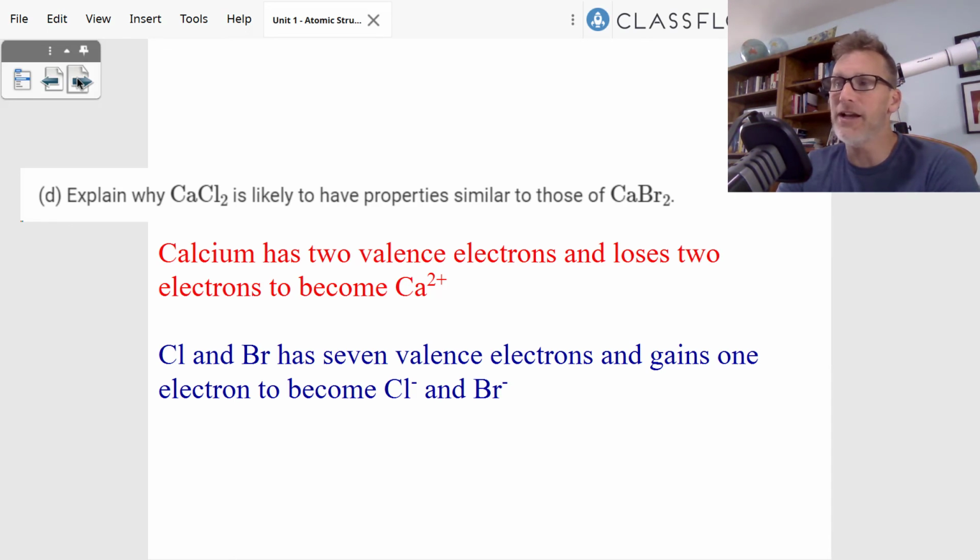So calcium in this ionic compound loses 2 electrons to become calcium plus 2. That's similar in both of those compounds. Well, what's also similar is that chlorine and bromine have 7 valence electrons, and each one gains 1 electron to become chloride and bromide. And so that is why we have similar properties there.